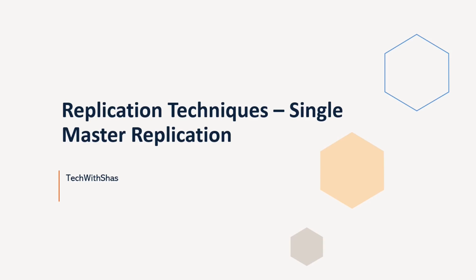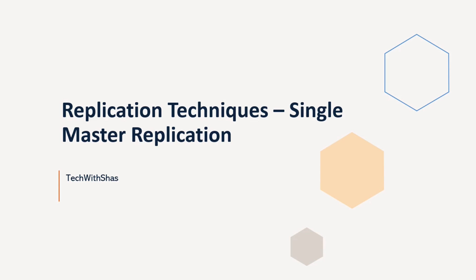In this video, we will talk about single master replication technique. As we know, in any application we normally have multiple servers which keep serving the customers or clients for their requests. Whenever a customer is interacting with one server, he or she might update it with some data.